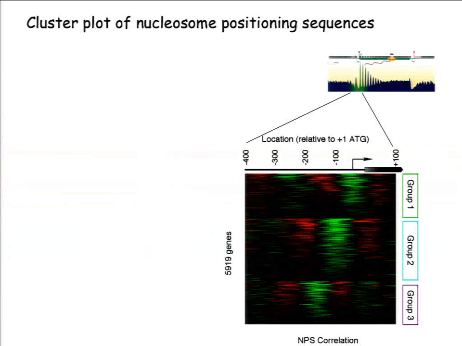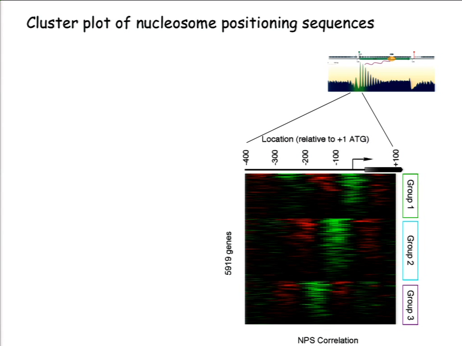Okay. If we look at the nucleosome signatures, John had mentioned these dinucleotide patterns of AAs and TTs around the beginning of genes. I don't know if you can see the color scheme there, but the reds and the greens; each line here is a gene.